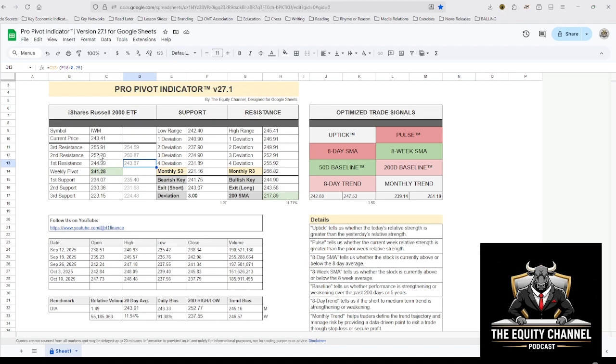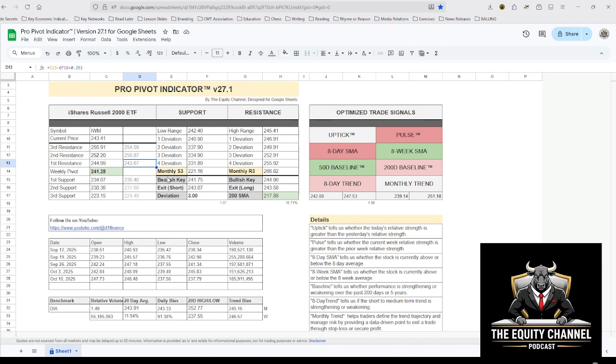You have about an $8 difference between these two right here, so you're pretty much shooting for close to a 4-to-1. With that being said, that becomes a really good deal for you right there.